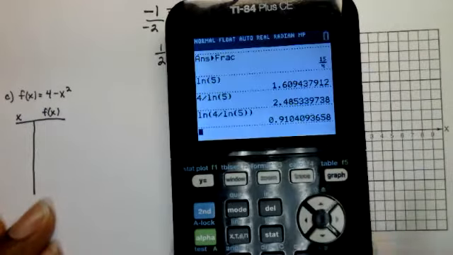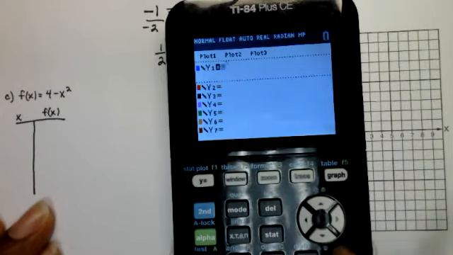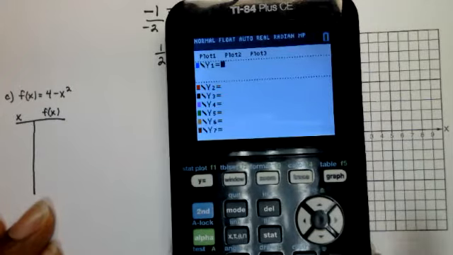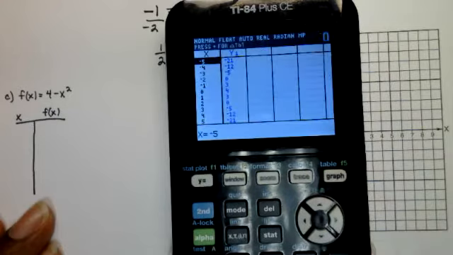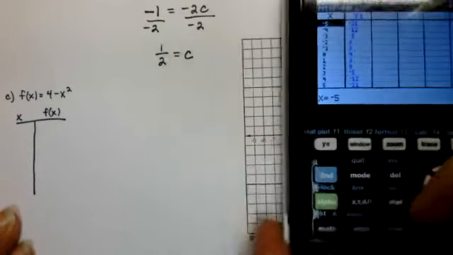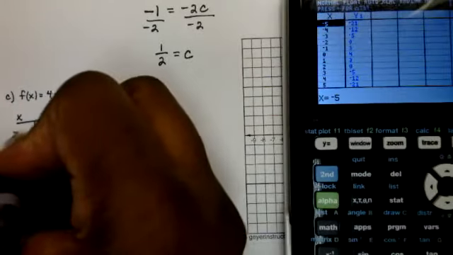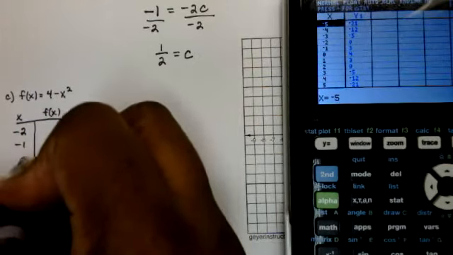So in this case, let me go to y equals, and I'm going to clear this equation out and type in 4 minus x squared. Then I'm going to do second graph for the table. And I'm going to use points like, let's say, -2, -1, 0, 1, and 2 as x values.